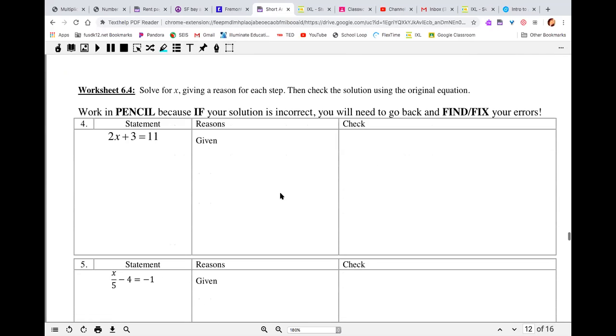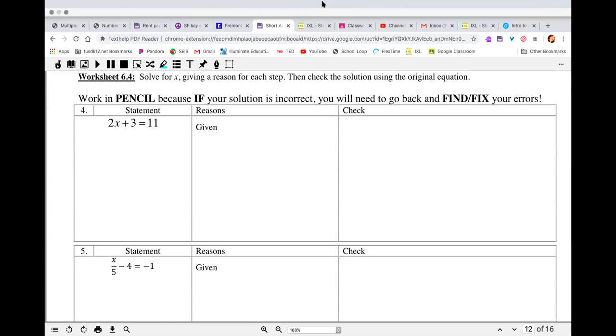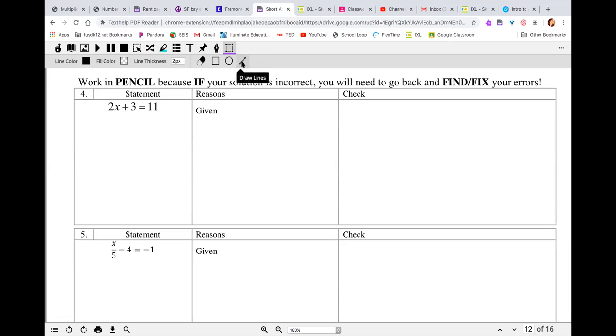And we're going to practice a couple of these on page 12. The difference is now we have to write our reasons. And look how in here it says pencil, and the word pencil is in bold. Like I tell us all the time, work in pencil.